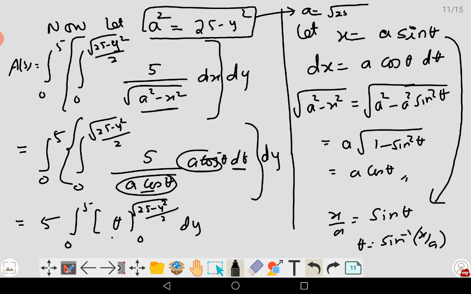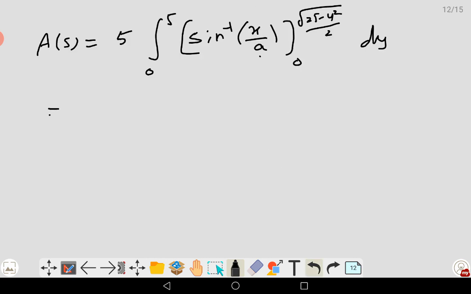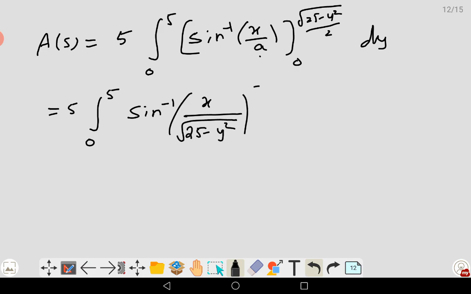A is square root of 25 minus y square. This is what we are going to use there, right? A is square root of 25 minus y square. So here we go: 5 integral 0 to 5 sin inverse x over a, where a is square root of 25 minus y square. Now replace the value of x by its upper and lower limits.